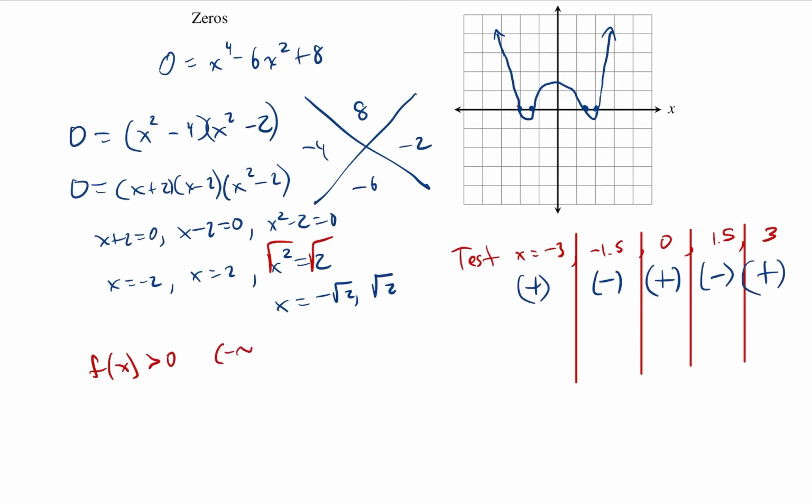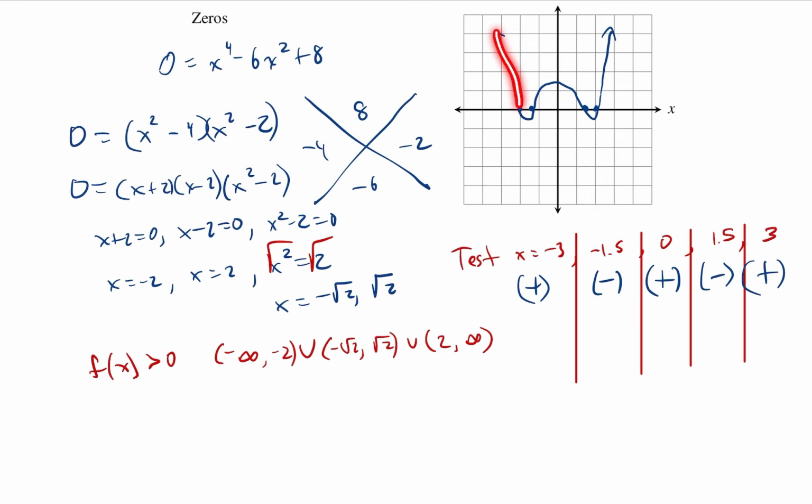So -infinity to -2. And then also from negative radical 2 to positive radical 2. And then also from 2 to infinity.